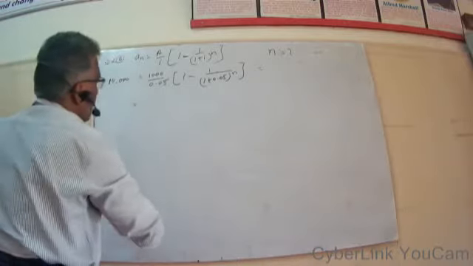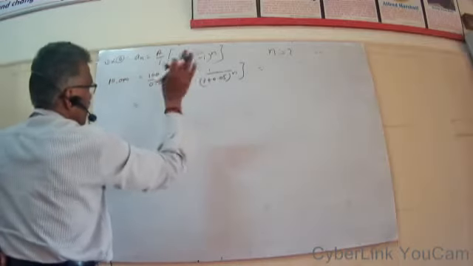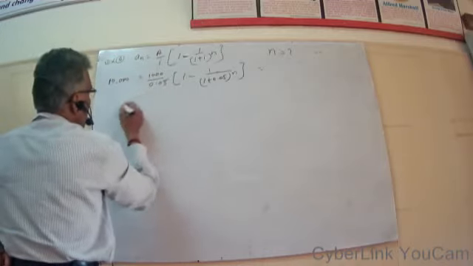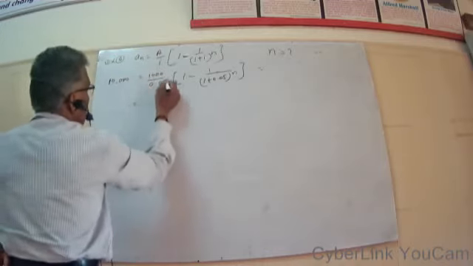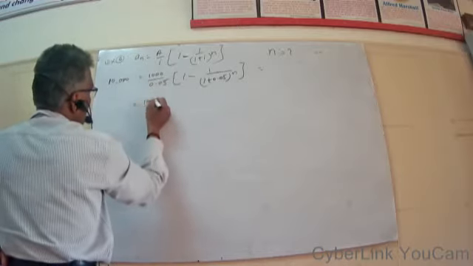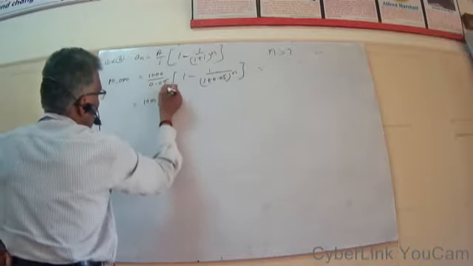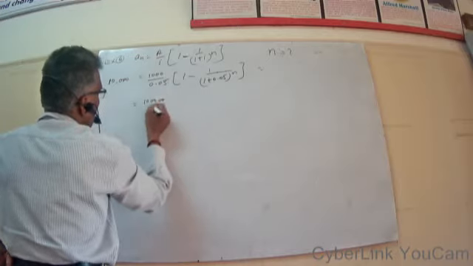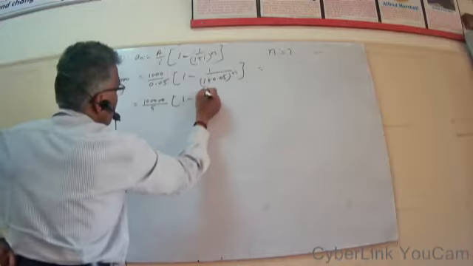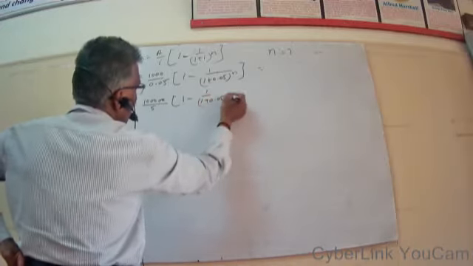You can simplify this, or divide by this. 10,000 is equal to this, for 5 percent, instead of 1,000. So by multiplying by 100, this becomes 5 into 1 minus 1 upon 1 plus 0.05 raised to n.